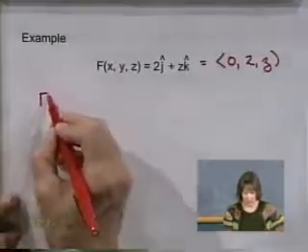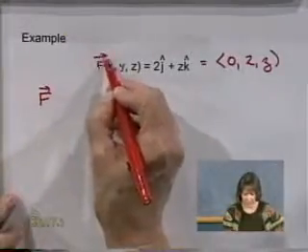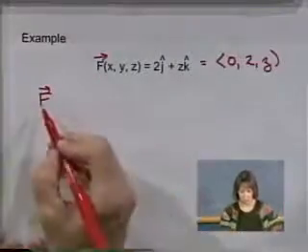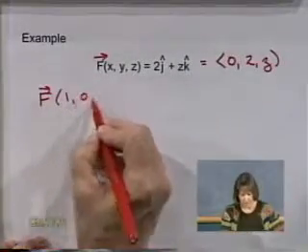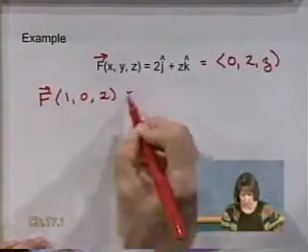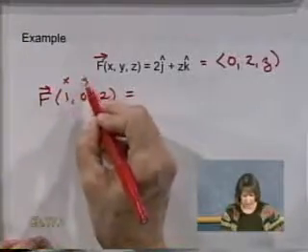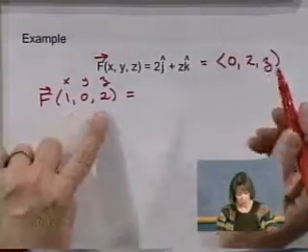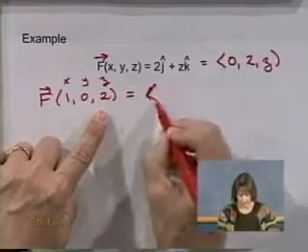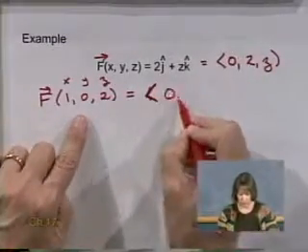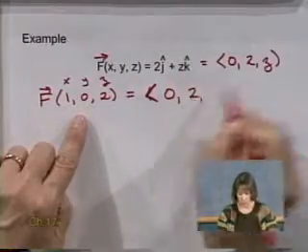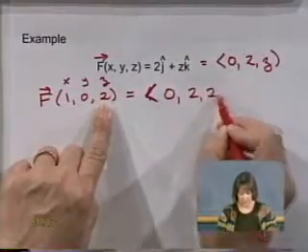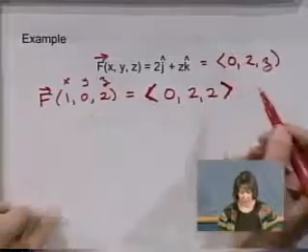So if I wanted to figure out what f is, and she should have a bar on top of that because she didn't make it bold, what's f of, let's say, 1, 0, 2? Well, 1's going in for x, 0's going in for y, 2's going in for z. So f at the point 1, 0, 2 would be the vector. Well, it's always 0 for x, it's always 2 for y, but the z component's just the z component. So it would be the vector 0, 2, 2.